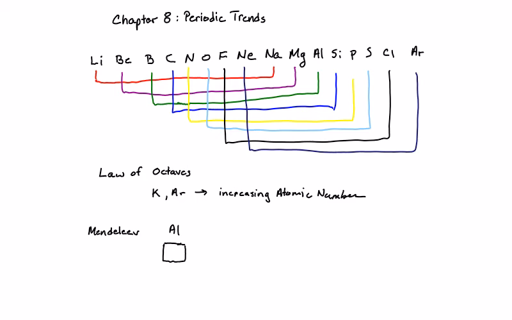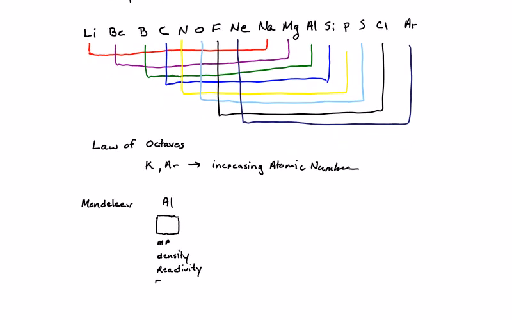He looked at all the trends on the periodic table, and he started to make predictions about what that element would look like. He was able to do things like predict its melting point, density, reactivity, all sorts of stuff. And he gave a name to this element. He called it Eka aluminum.